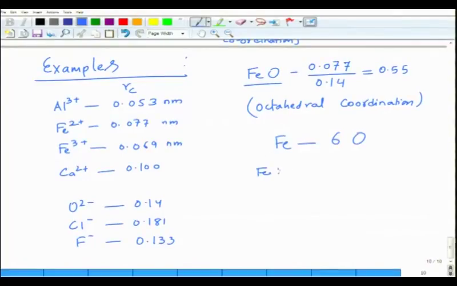For each Fe you have 1:1. The charges are 1:1. So what is the coordination you expect? The coordination number of Fe is equal to 6, and the coordination number for oxygen will also be 6. They will have to maintain this. So this is for charges.